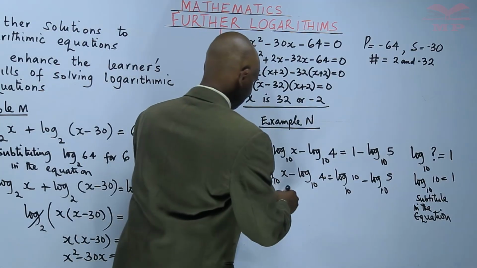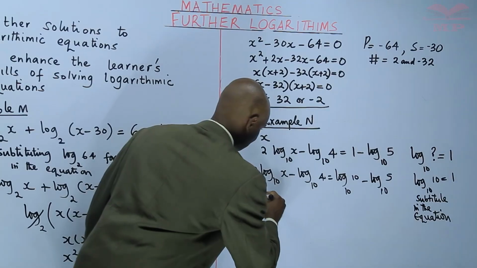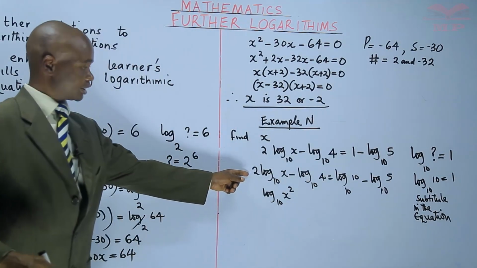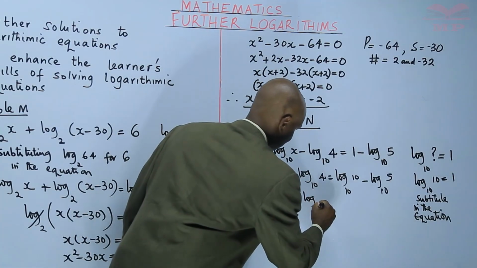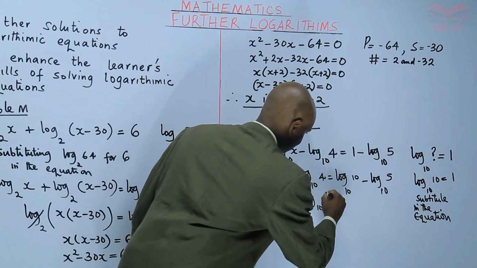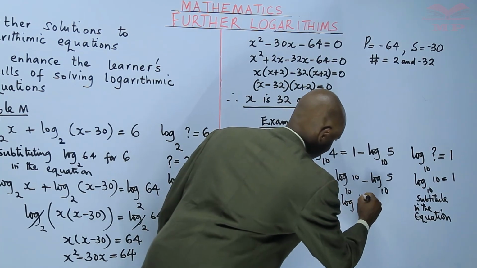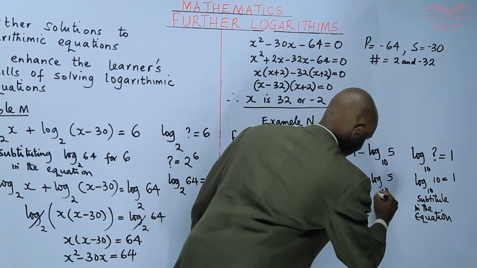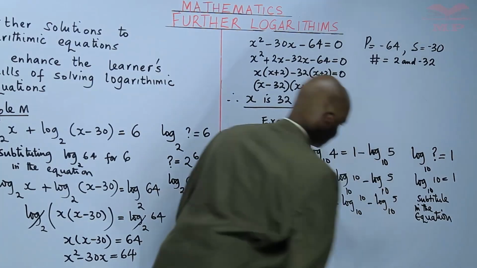This you can rewrite: take this to the other side, so it will be log base 10 of x squared. You learned from the laws of indices. Subtract log of 4 to the base 10, which should be equal to log of 10 to the base 10 minus log of 5 to the base 10.